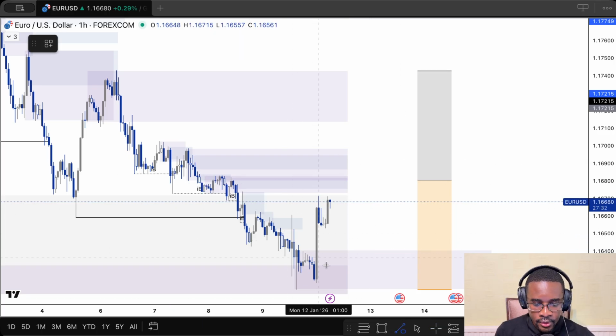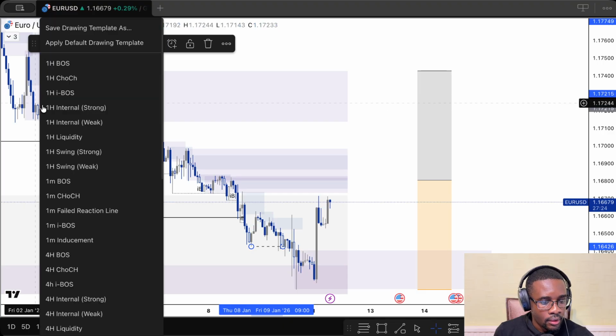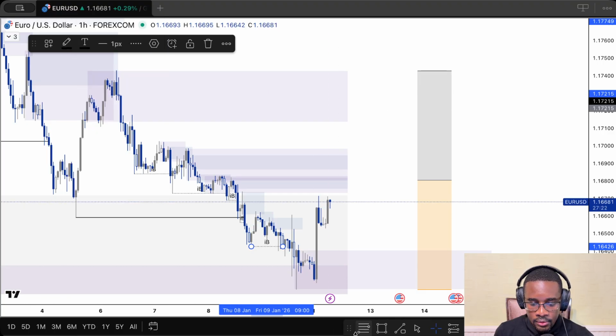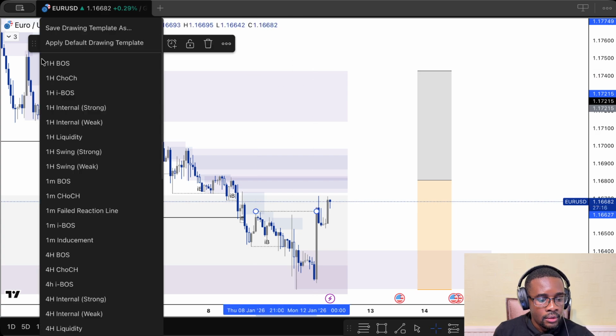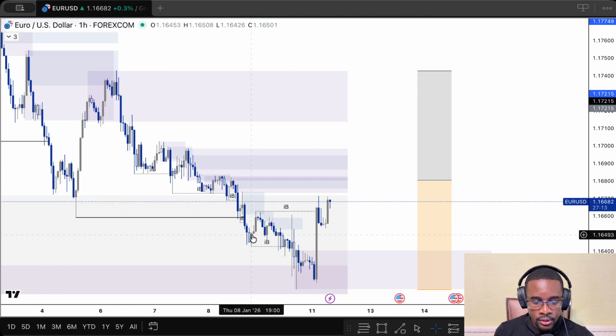And then on the flip side, we have an internal break. So on our IBOS, we've had another break right there. So internal has shifted bullish.